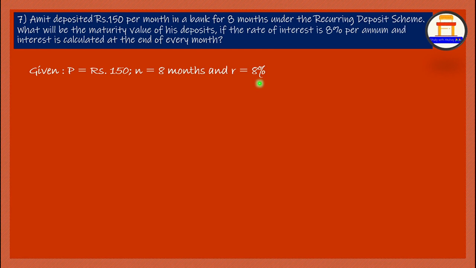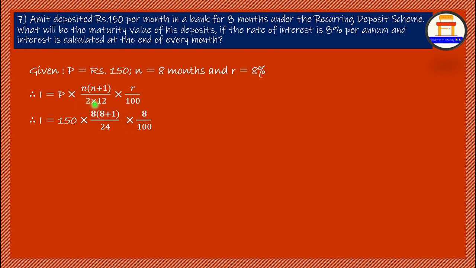So using these, we can calculate the simple interest. Simple interest is given by the formula: principal into n of n plus 1 into R by 2 into 12 into 100. Let's substitute the values: 150 into 8 of 8 plus 1 into 8 divided by 24.